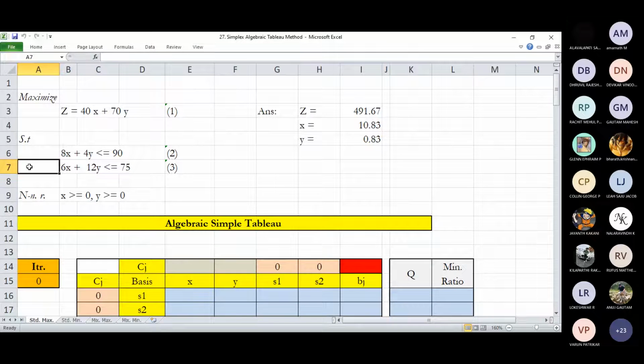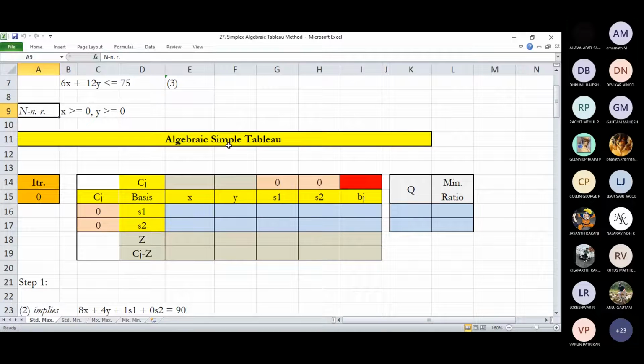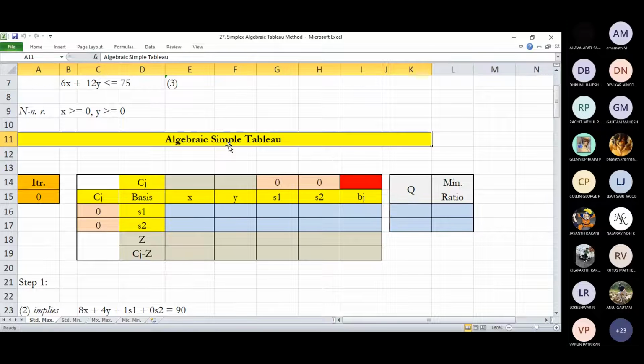This is a standard maximization case where all the constraints are less than or equal to constraints. And the non-negativity restriction: x is greater than or equal to 0 and y is greater than or equal to 0. So this is the algebraic table. As of now, we've been focusing on the matrix table, but now we'll be focusing on the algebraic table.